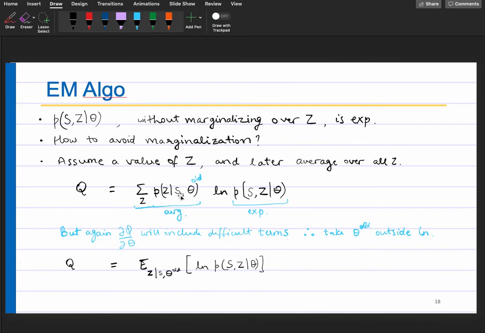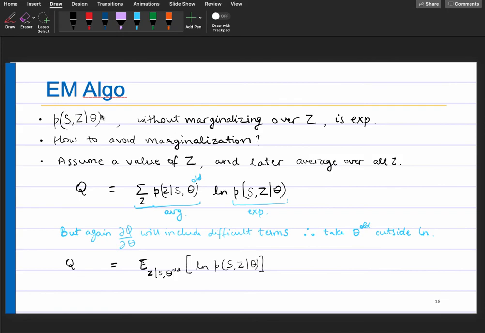So a very simple observation: consider the probability of s comma z given theta. If somebody tells me these are your samples and these are the clusters, then I can directly get my P of s given z, and I do not have to marginalize over z.